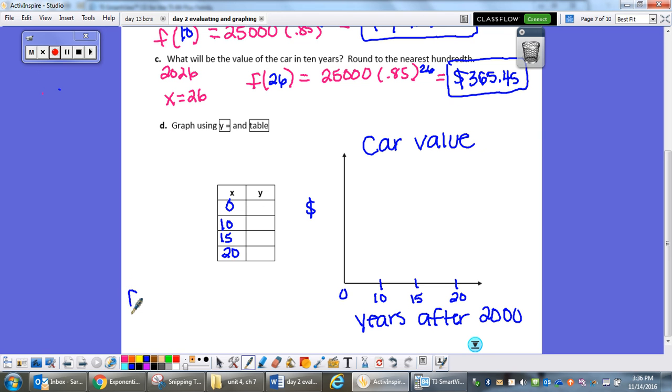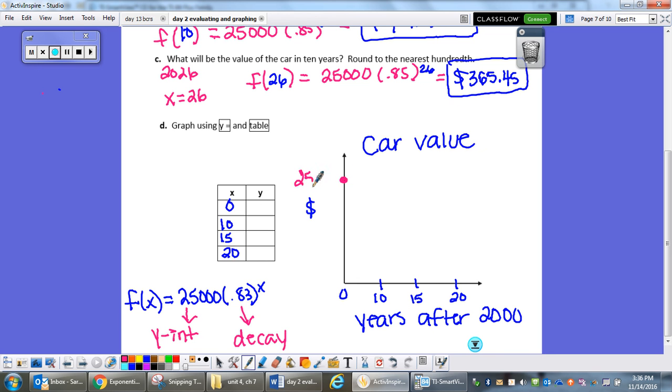Our function is f of x equals 25,000 times 0.83 to the x. So what that means is our y-intercept is 25,000. That's where you start. And then since 0.83 is less than 1, it's decaying. So you could start further up.